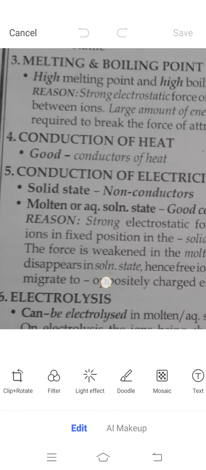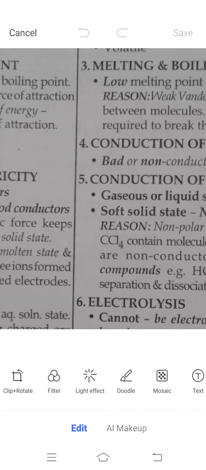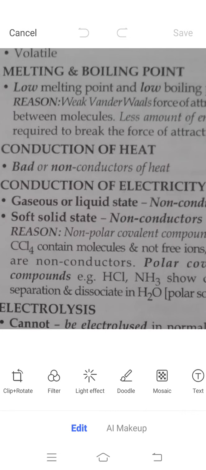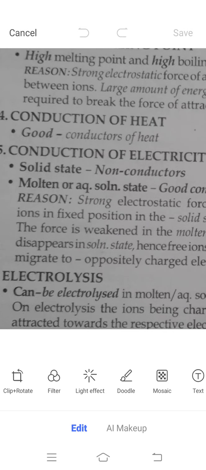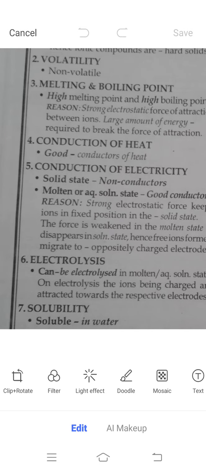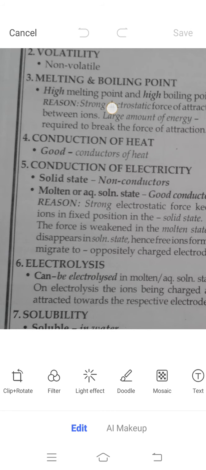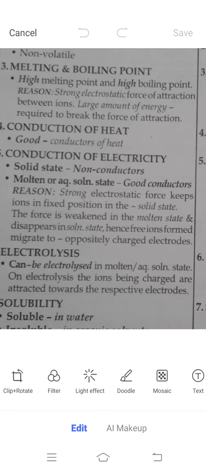Then the conduction of heat in ionic compounds is good, whereas conduction of heat in covalent compounds is bad. They are poor conductors. Here the conduction of electricity we need to understand. Children, let us take one simple example of NaCl, normal table salt, which we consume at our house. In the solid state it does not conduct electricity, right?